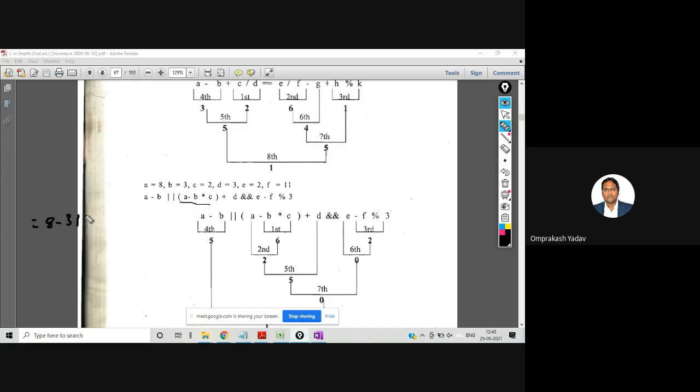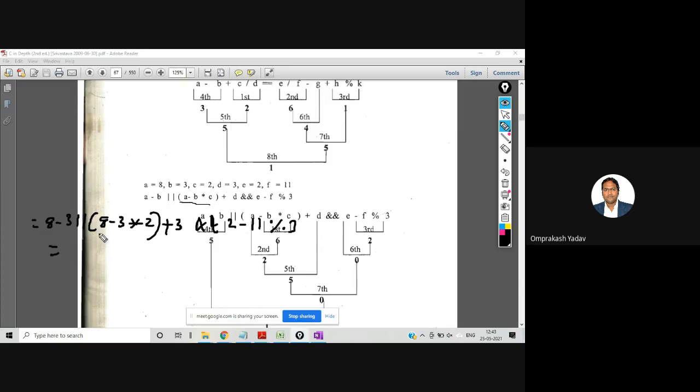Then this is the OR operation, the pipe symbol. Then the bracket a, 8 minus b is 3, into c is 2, plus d. So d is 3, and then there is the AND operation. Then e, that is 2, minus f, which is 11 mod 3.